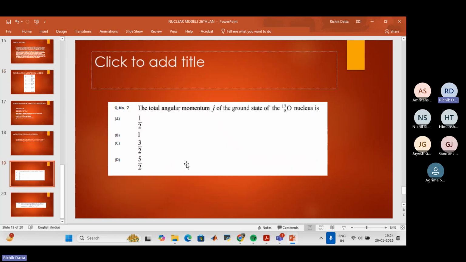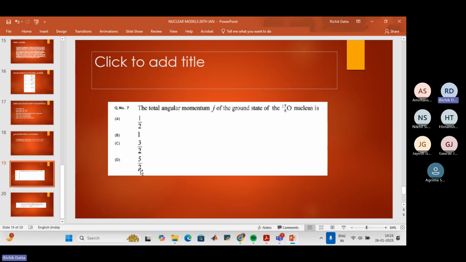So don't worry. The final answer will be (1s1/2)^2 (1p3/2)^4 (1p1/2)^2 (1d5/2)^1. So the angular momentum J will be the answer D, because the final neutron will occupy the J equal to 5/2 state. So this is the correct answer.